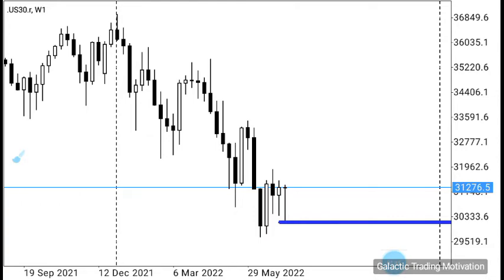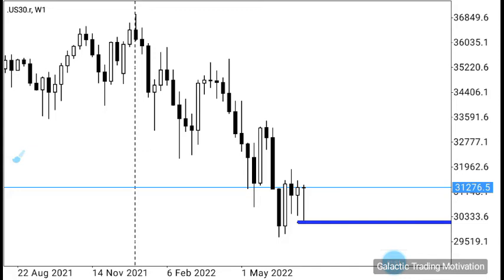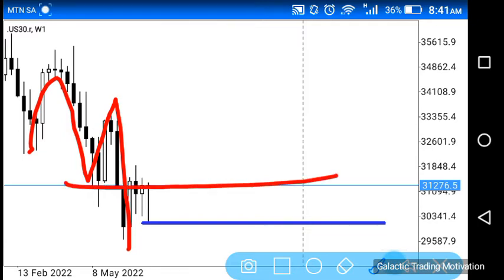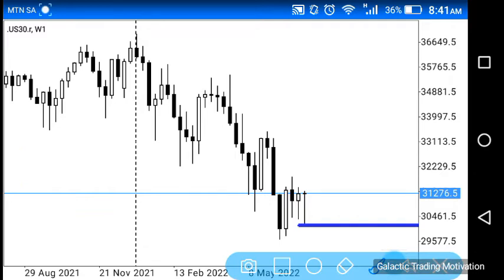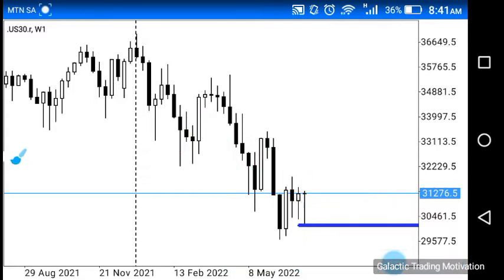So what else do we see on this chart? In previous videos, we had spoken about this overextended M structure, which has a neckline there, right? We saw price breaking the neckline and then going back to retest it, and pushing further down. However, we can see that last week's candle went back to the neckline, and this area has now become a very strong area of resistance.